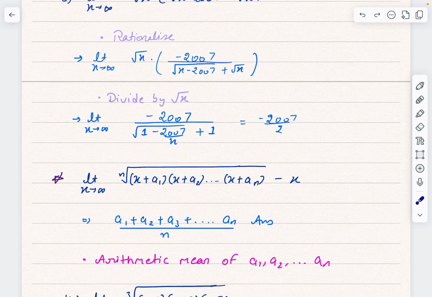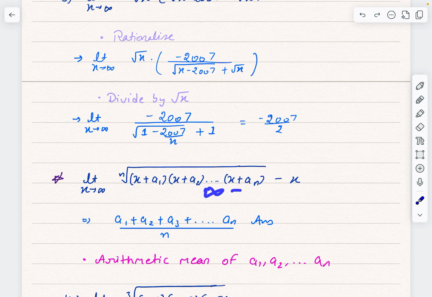Next, I'll give you an extra concept here right now, which you can use directly, and the proof of this we'll discuss later with miscellaneous problems. For now, I'll just tell you the shortcut here. If ever you have limit x tends to infinity, nth root of (x plus a1)(x plus a2) up to (x plus an) minus x.